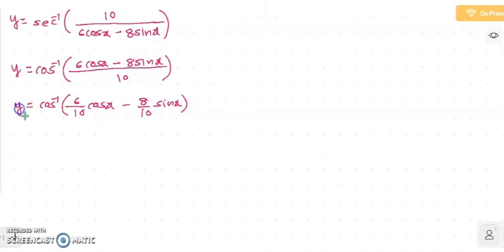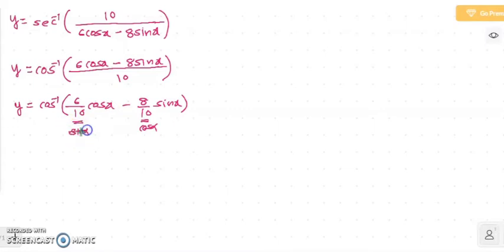This is y again. Now we shall substitute 6 upon 10 as sin alpha. If you write 6 upon 10 as sin alpha, then 8 upon 10 will be cos alpha. So see how it looks. Sin alpha cos x minus cos alpha sin x, which is sin of alpha minus x. Cos inverse of sin of alpha minus x will not work.